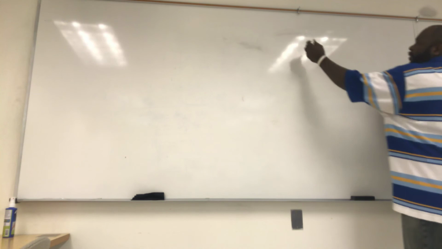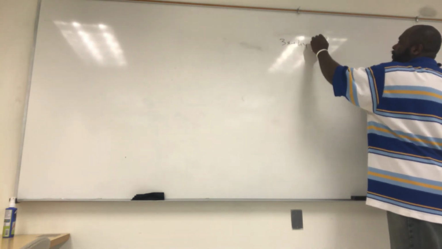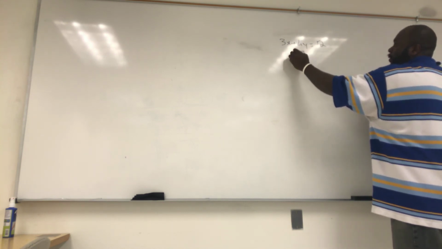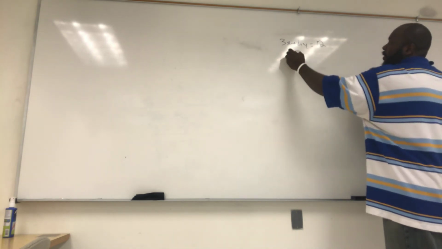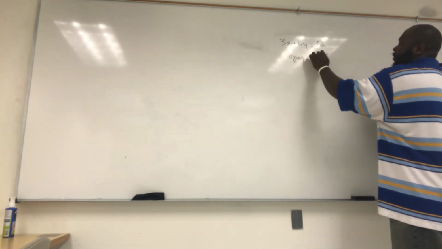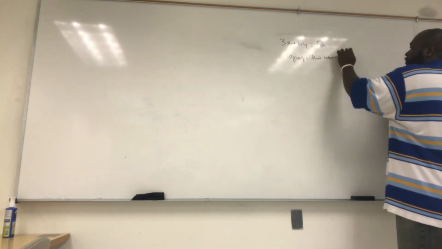So if you go on page 141, we have 3x plus 4y equals 12, right? Page 141, first problem. Graph this using the x and y intercepts.